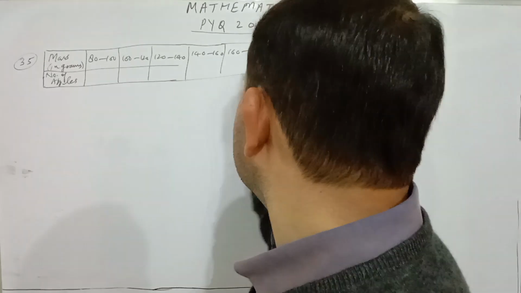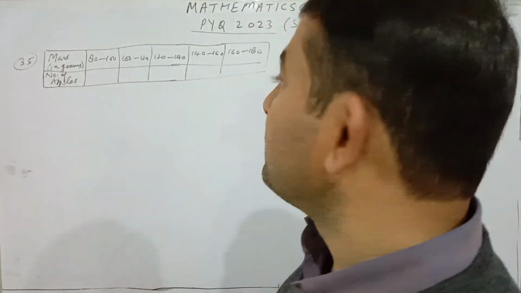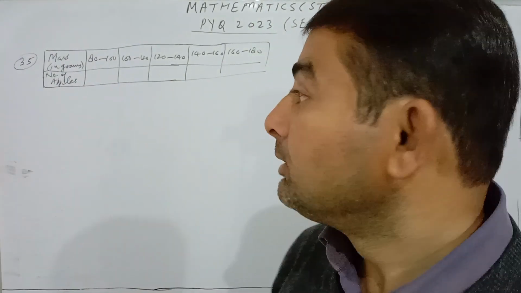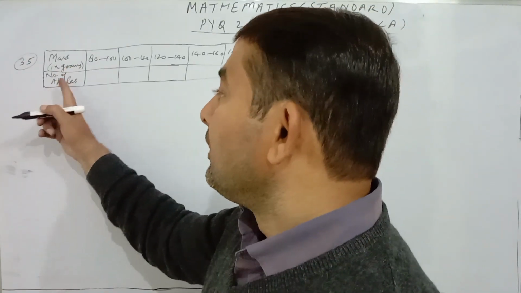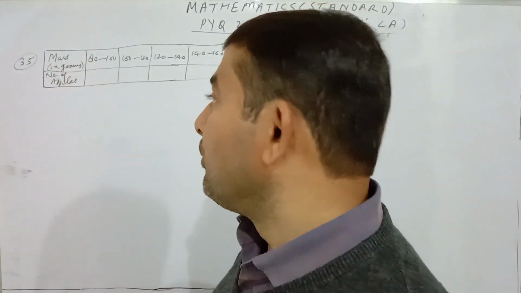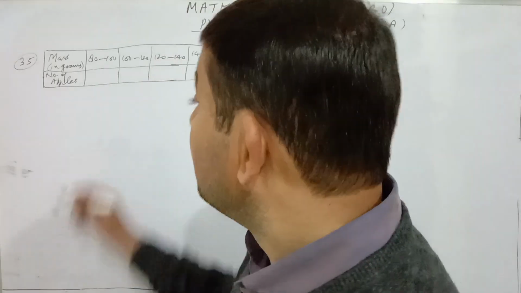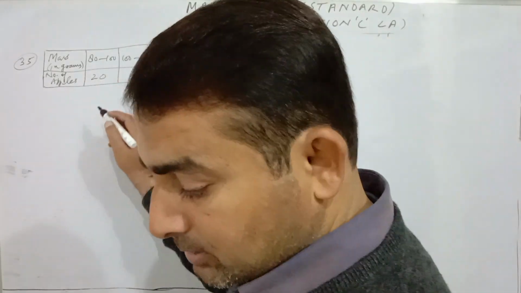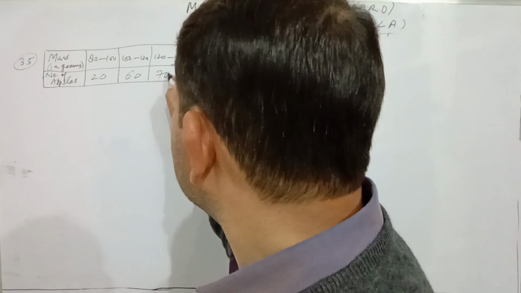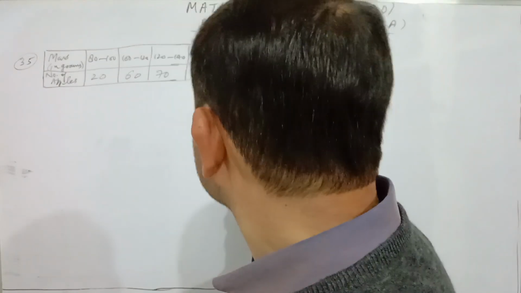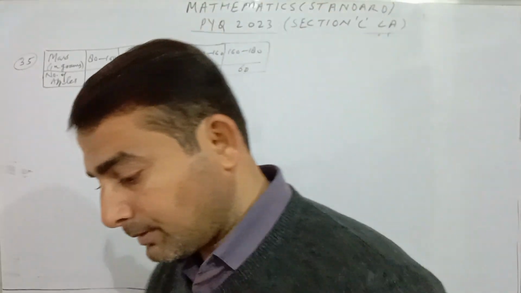So these are the masses of the apples. Okay, that means the number of apples which are weighing up to 100 gram are 20, and this is 60, this is 70, this is x, and this is again 60.